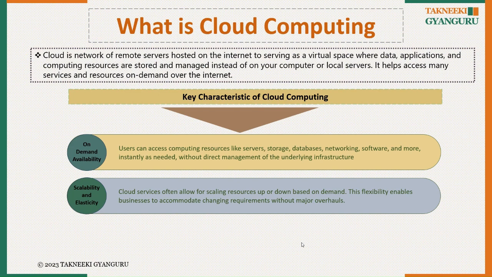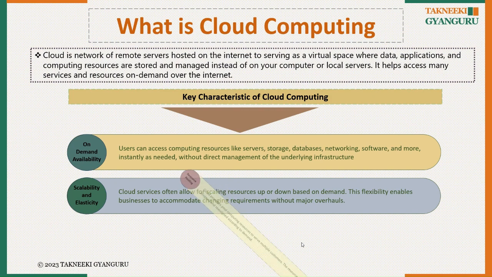If on demand you want to increase servers or resources, you have to go through a lot of processes. If the space or memory is not available in the data center, you need to purchase physical hardware. So scalability and elasticity is very difficult on local servers and your home setup.